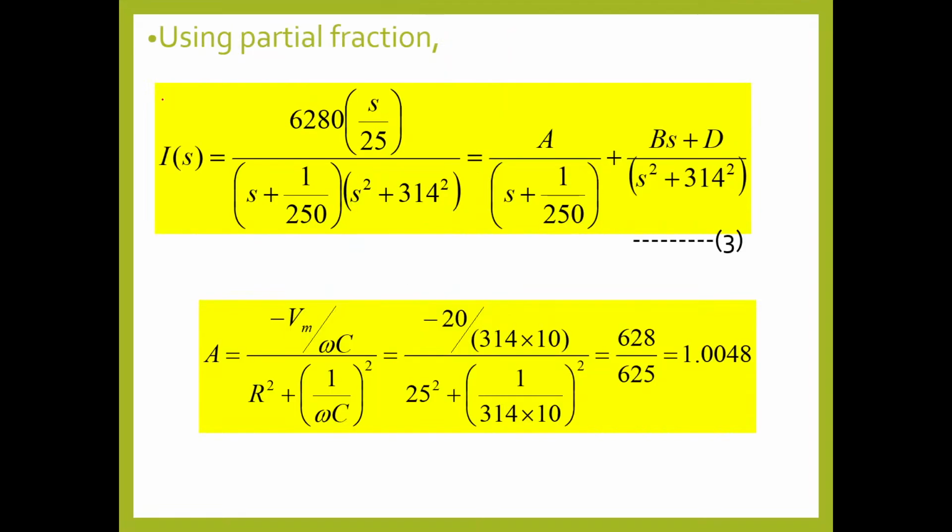I didn't write it here, but I might have written it like that. Now I have gone for partial fractions. If you go for partial fractions, I of s can be written as A divided by s plus 1 by 250, plus Bs plus D whole divided by s square plus 314 square. Consider it as equation number 3. So let us determine the A value. So A is what?